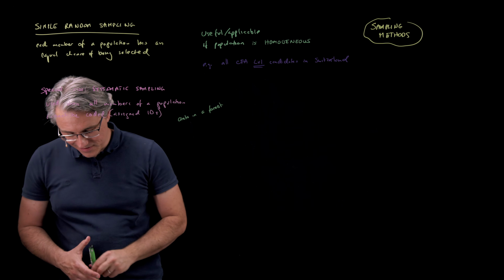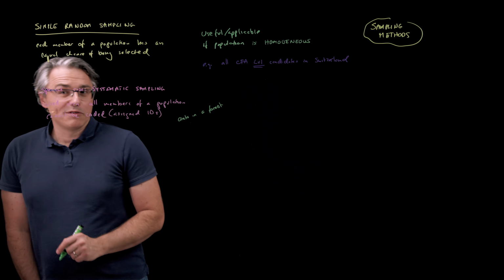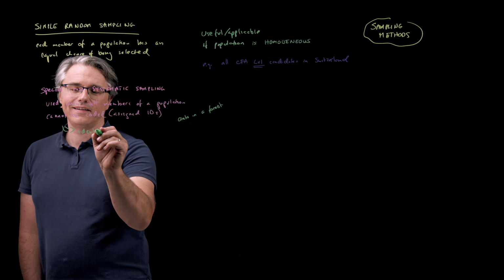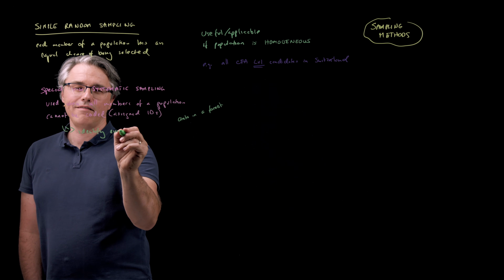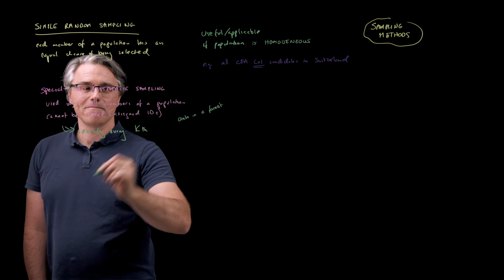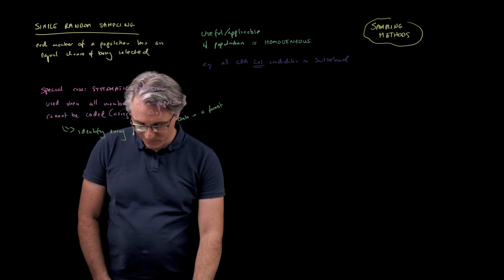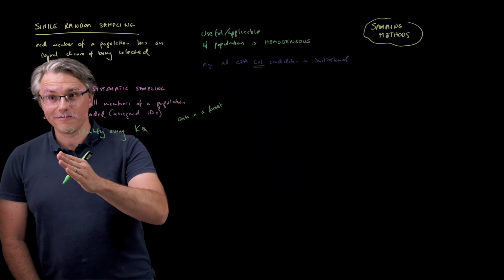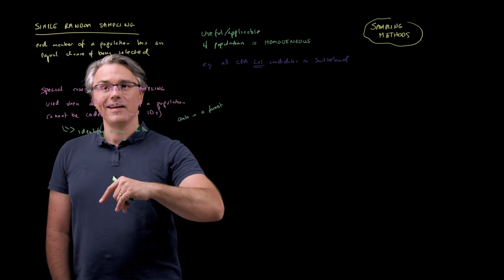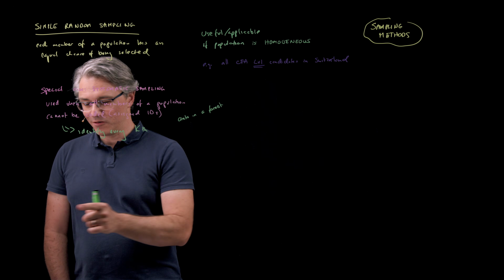So instead of this, we would probably, as a solution, identify every nth member of the population. So every 5th, every 10th member that walks by. So you see lots of ants as they walk by.